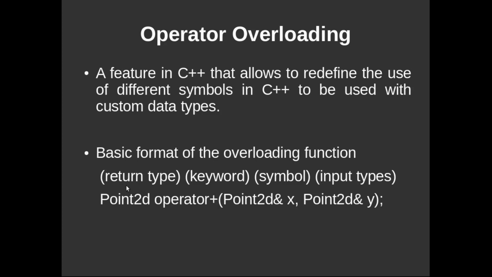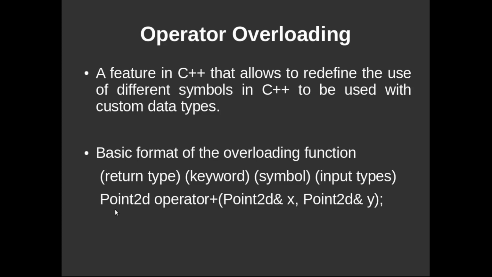The function signature should have a return type, then a keyword, then the symbol that we want to overload, and then the input types. The input types are nothing but the two complex numbers, suppose, that we want to add. So overall, the function signature for the operator overloading for the plus symbol would look like this.